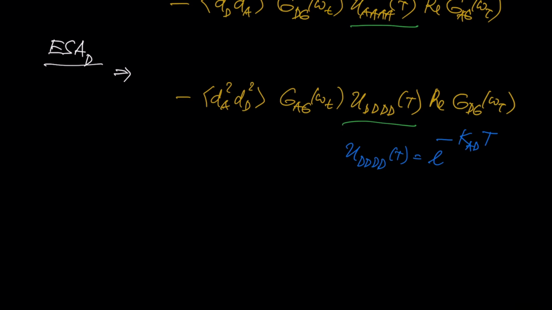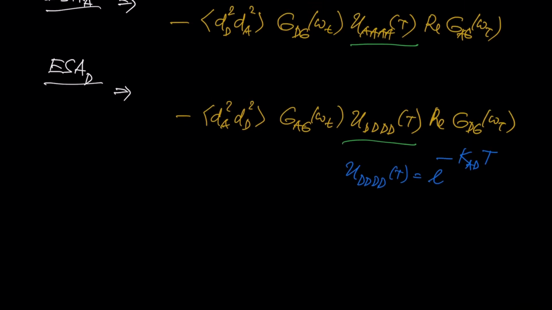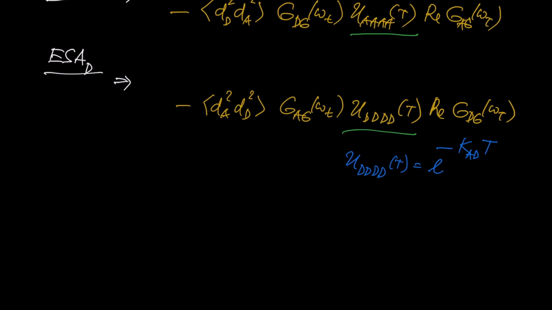So the ESA A and ESA 2 signals are composed of Liouville pathways that mix both molecules A and D, and that are connected through excited state evolution. But of course we can also have mixed terms that are connected through the ground state.